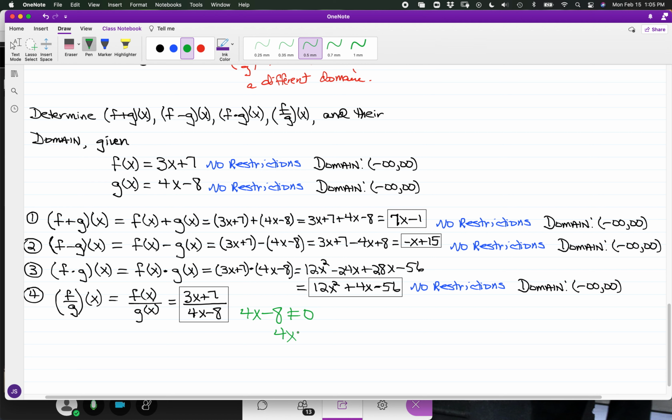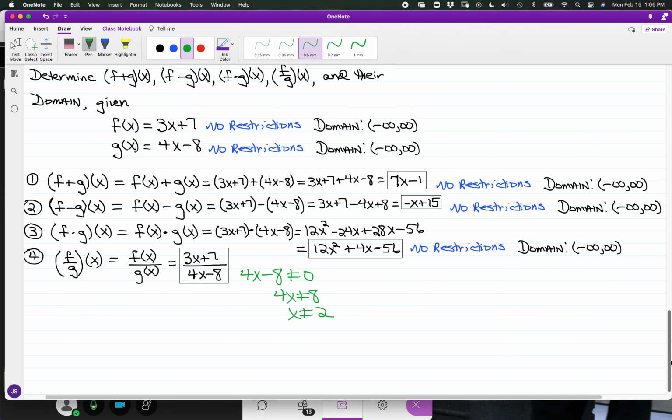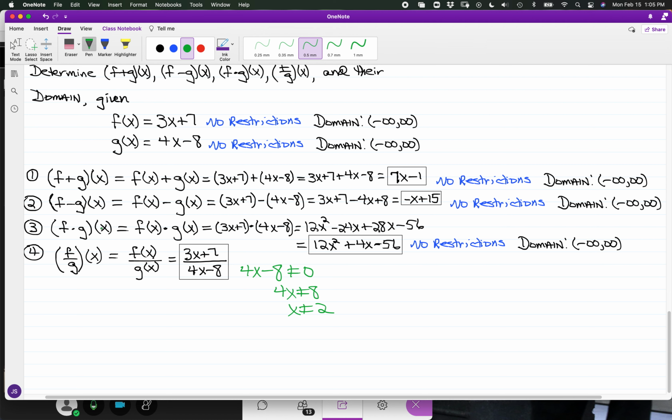And if that is the case, we have that 4x cannot be equal to 8, and so we have that x cannot be equal to 2. So while the domain of the sum, difference, and product functions will consist of all real numbers, for the domain of the quotient function, we have almost all real numbers. However, 2 is going to be excluded.